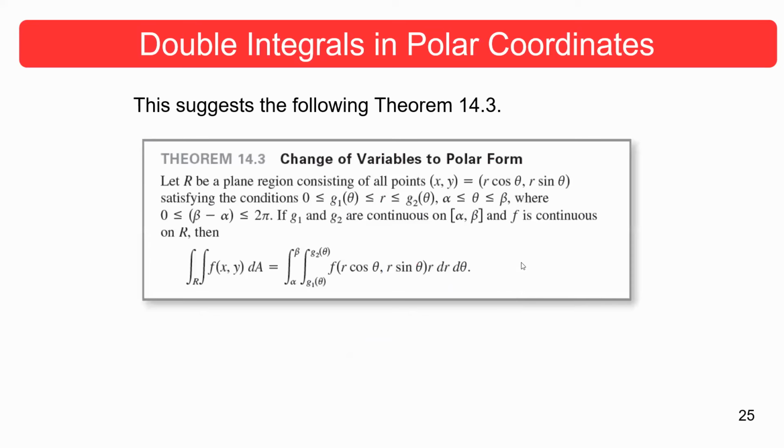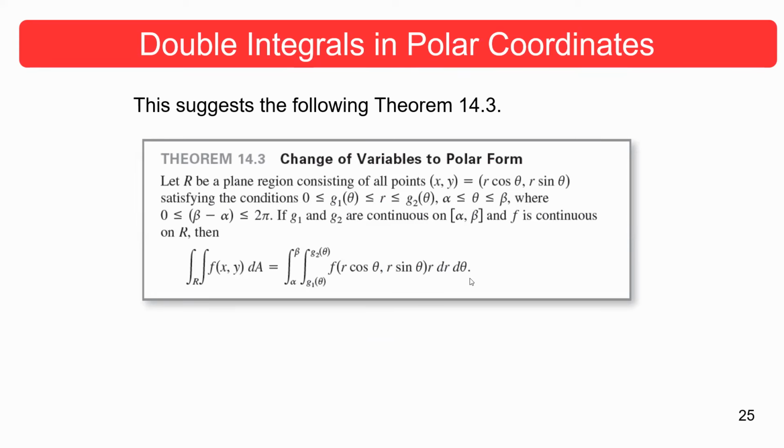So how do we change again from rectangular to polar, as stated here. This is a plane region in terms of functions of x and y. Now we will change it to a function of r cosine theta, r sine theta, and then the dA would be r dr d theta.